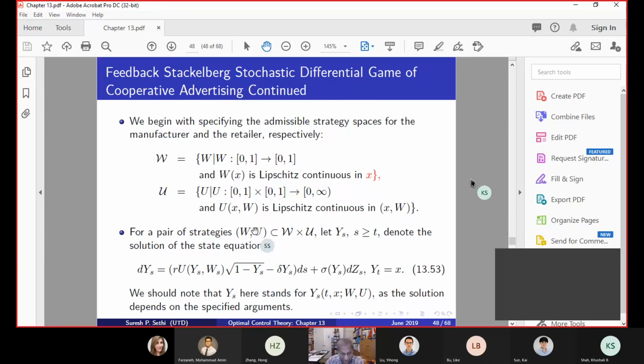Okay, so given W and U, I have a W(s), because given W and U, it's a function. So I have W(s) and Y(s). And so I have an equation. You should note that the Y(s) here stands for Y(s) at t, at x, given W and U. So given W and U, this equation has a solution written this way.